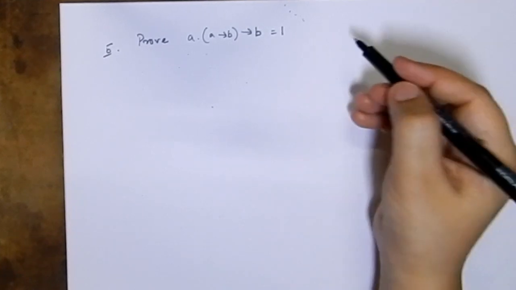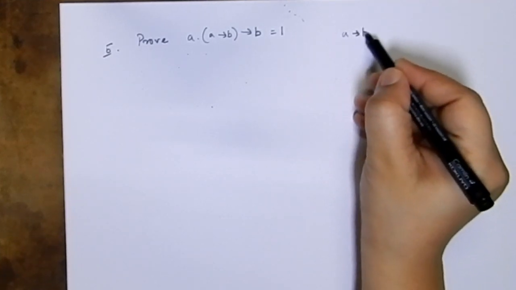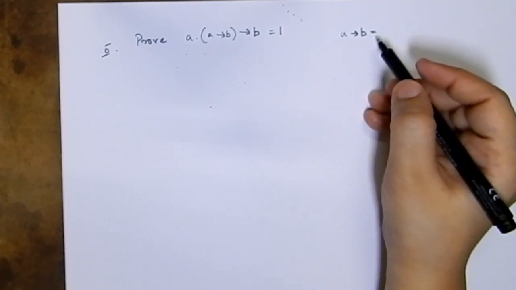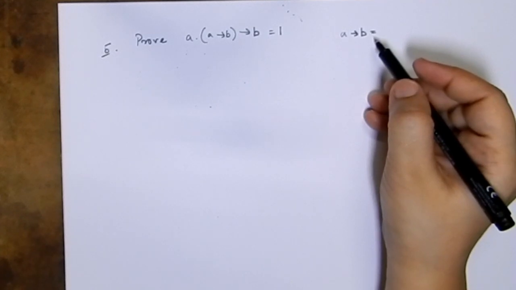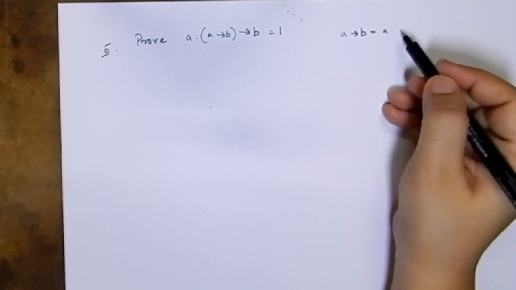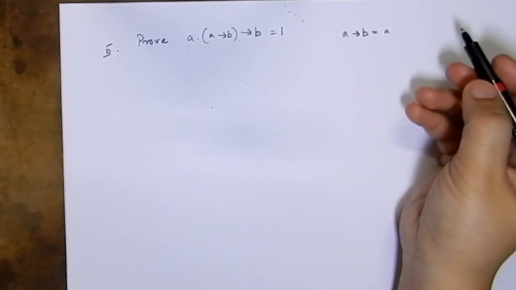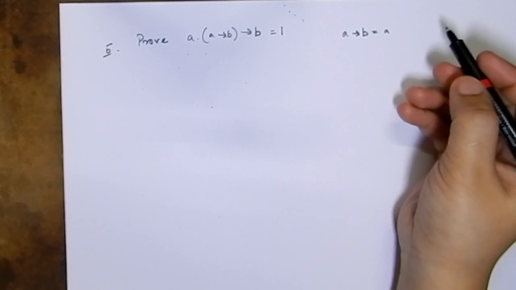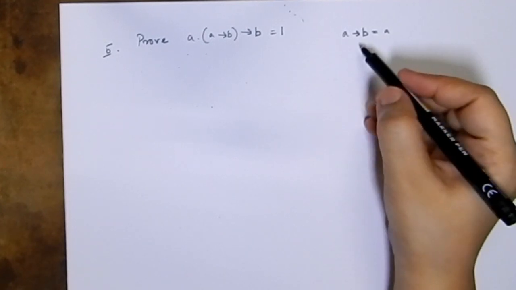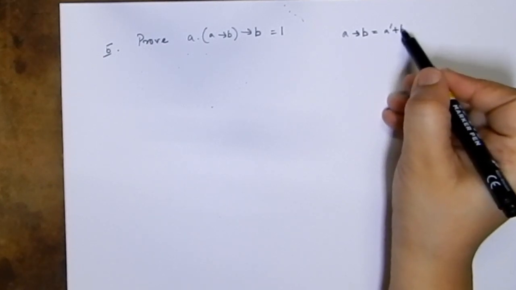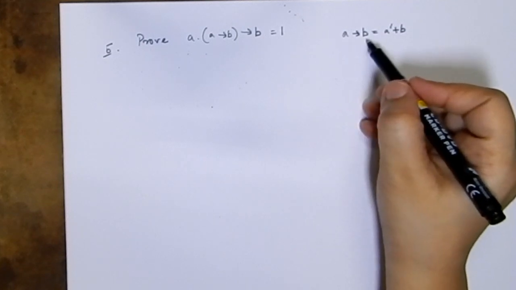Now if you try to recall, you will know that A implies B is equal to A dashed plus B. This is the mathematical interpretation of the implication.